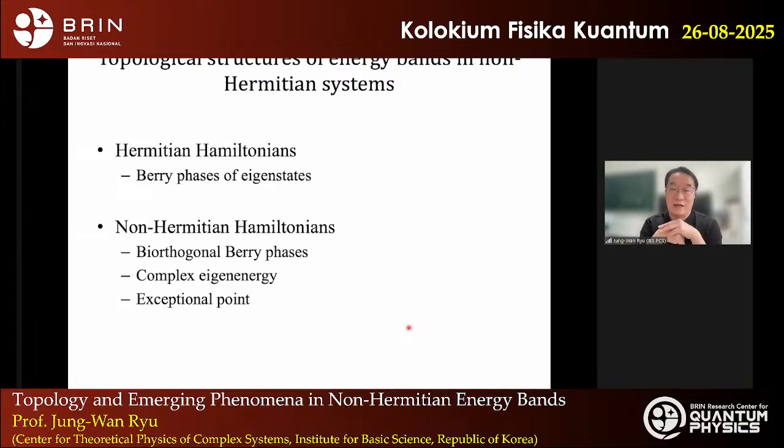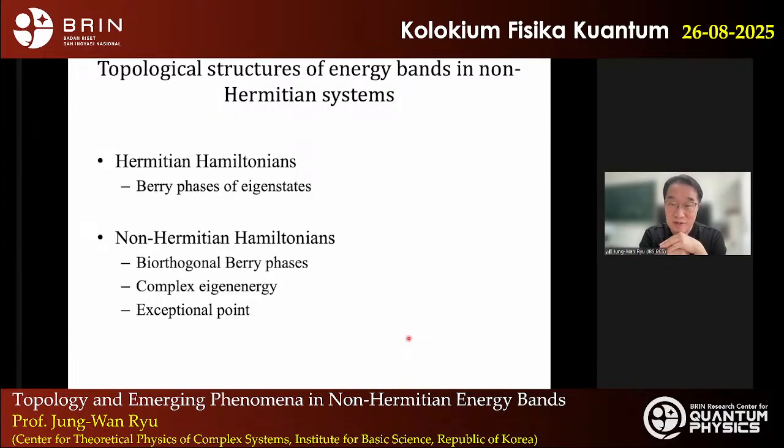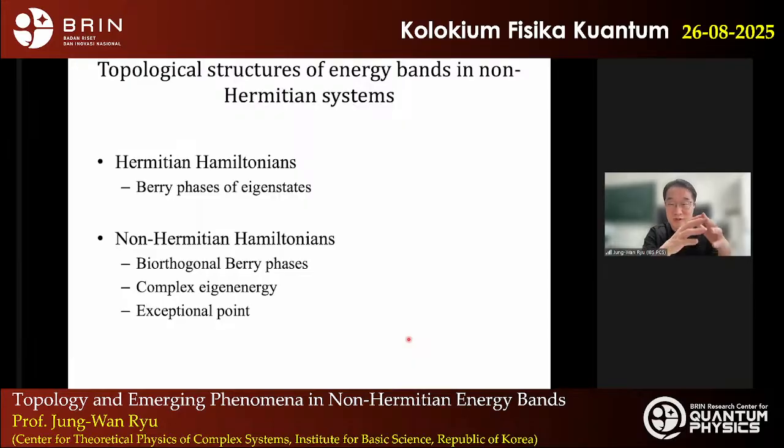Today I'm focused on the topological property of non-Hermitian bands. If we think about the Hermitian Hamiltonian, we can obtain real eigenvalues and real eigenenergy bands. And in that case, as I told you in previous slides, the eigenenergy band has a very simple, trivial topology. But if we think about the eigenstates, we can explain the non-trivial topology.